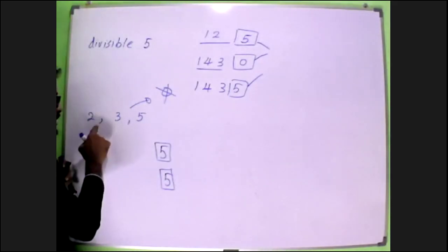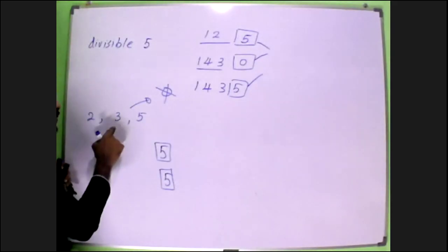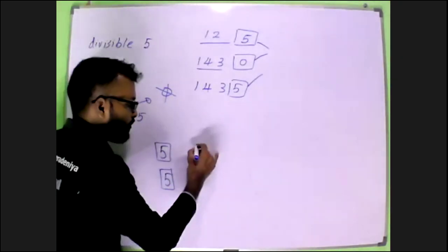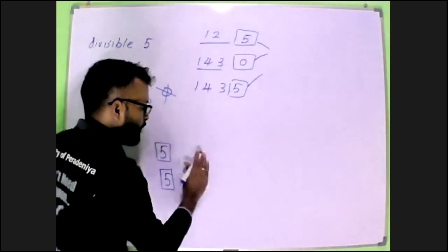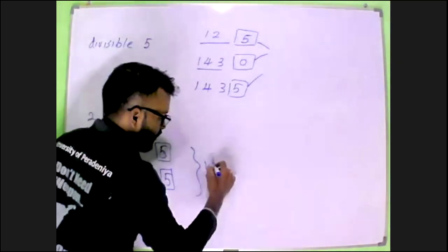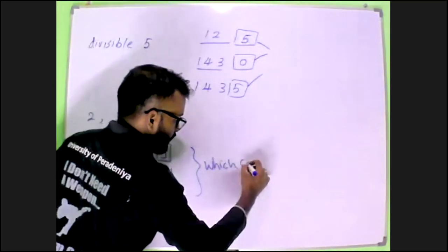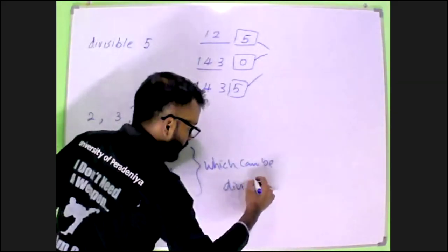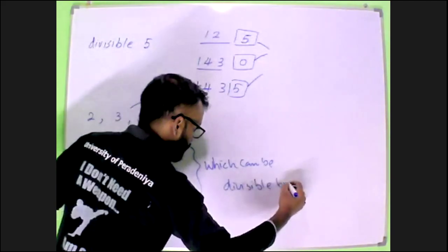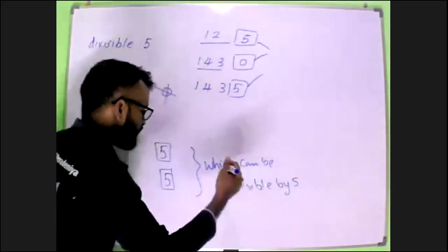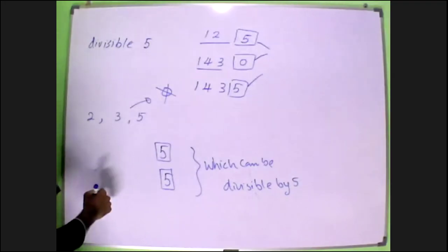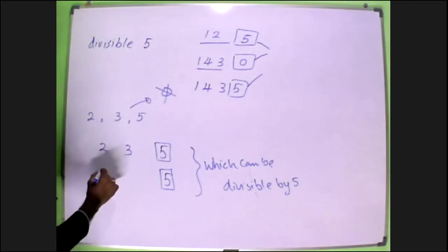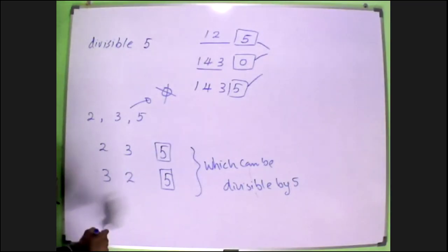How many numbers can you form by using these three cards which can be divisible by 5? 235 and 325. Only two numbers.